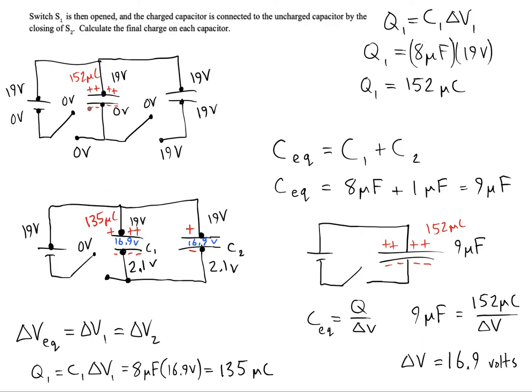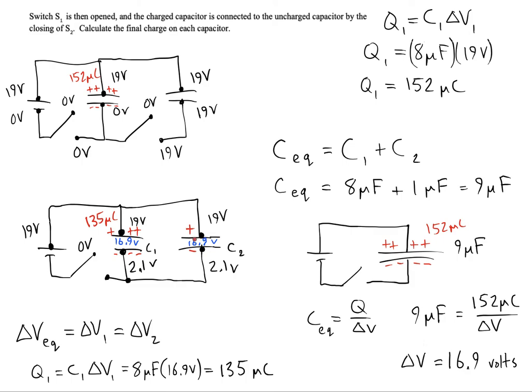Now remember that C1 used to hold 152 microcoulombs when it had a potential difference of 19 volts across it and it was fully charged. Now some of those charges have been allowed to migrate to C2. And this will lower the total charge on C1. It'll lower the field strength between its plates, and it'll lower the potential difference across it.